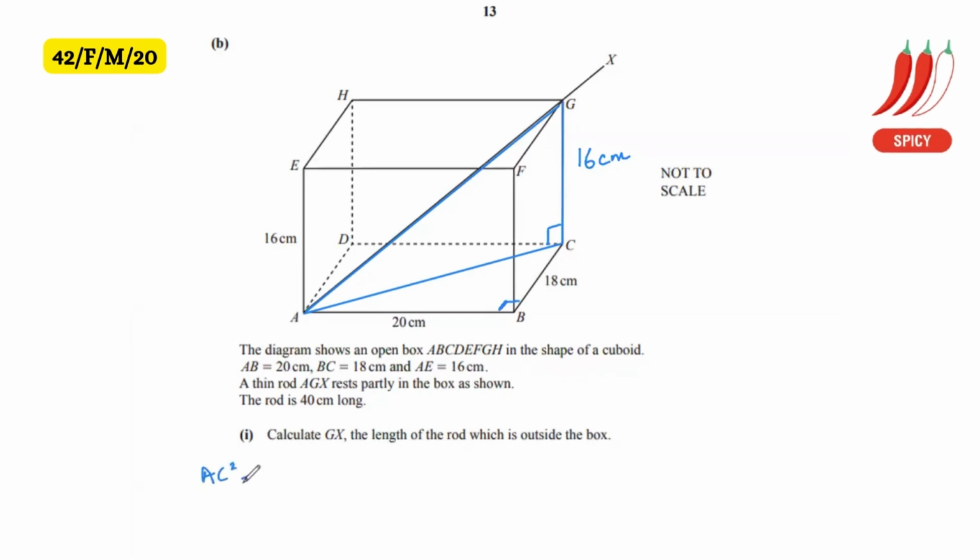AC square is equal to 20 square plus 18 square. As you can see, we're using Pythagoras. So that's the square root of 400 plus 324, so square root of 724, and that equals 26.9 centimeters.